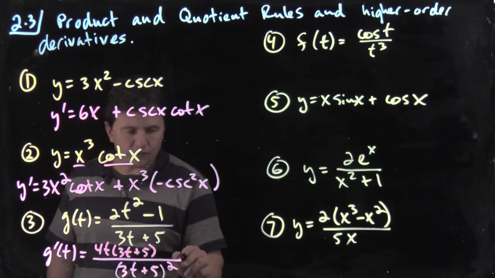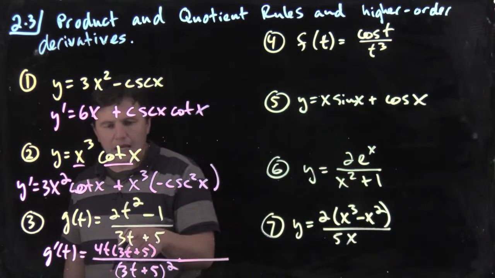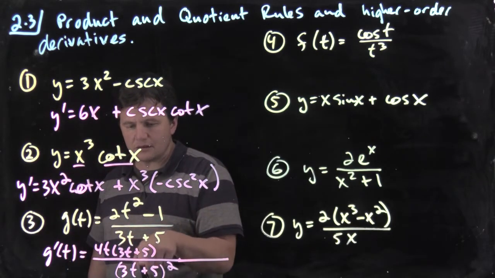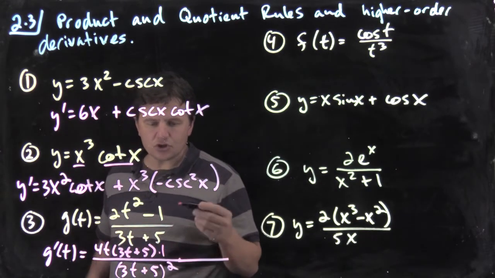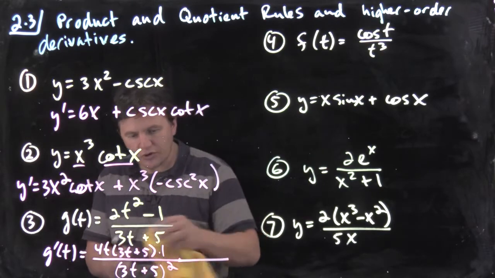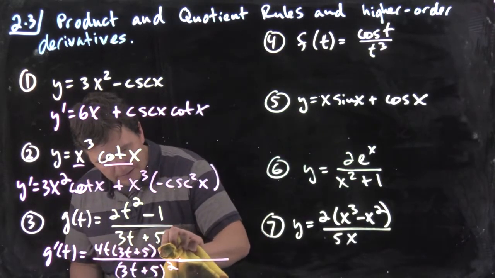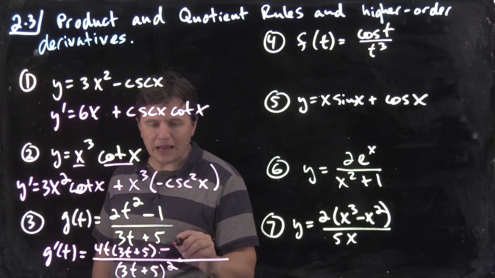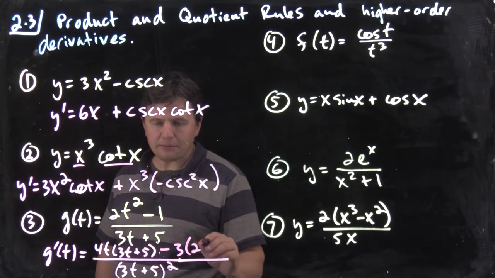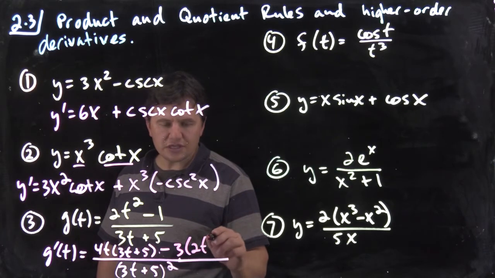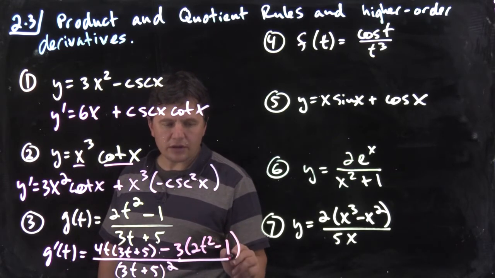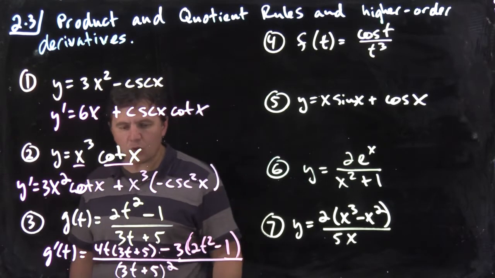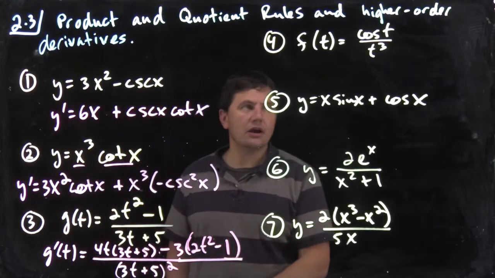Hopefully that's not too ugly for you at home. So 4t, copy down the bottom, minus. Quotient rule, we do minus. Take the derivative of the bottom now, which is 3, copy down the top, so it'll be 2t squared minus 1. And that is quotient rule. We're just going to leave them like they are for right now.